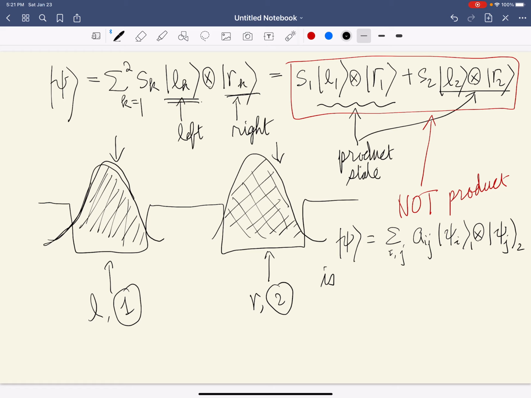It's entangled if and only if more than one of these singular values is non-zero.